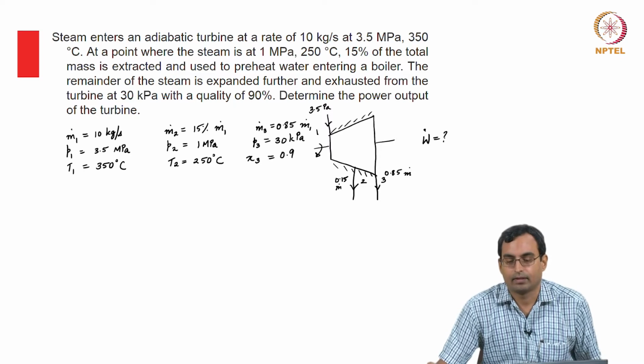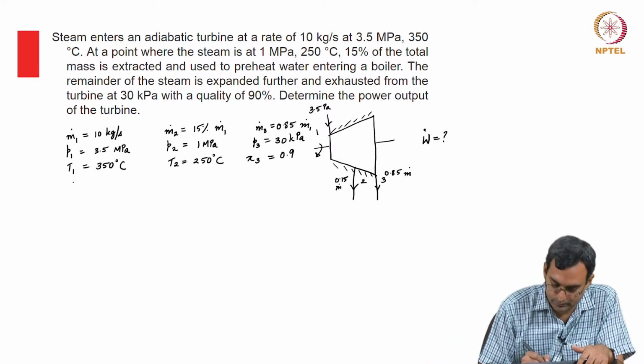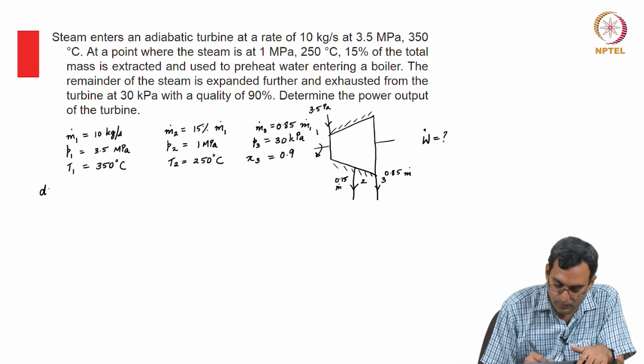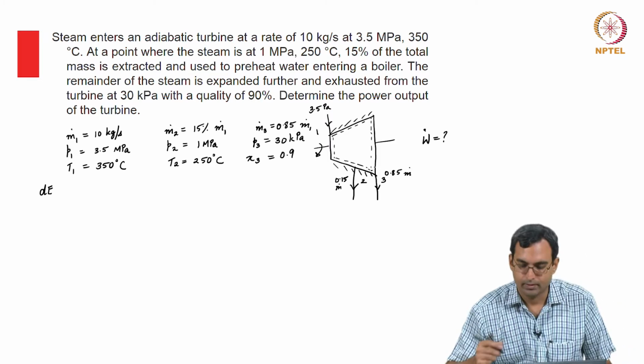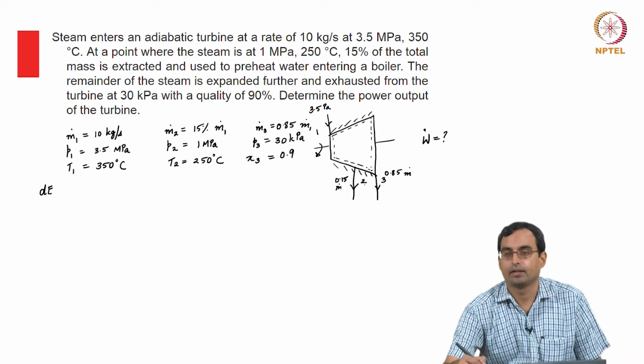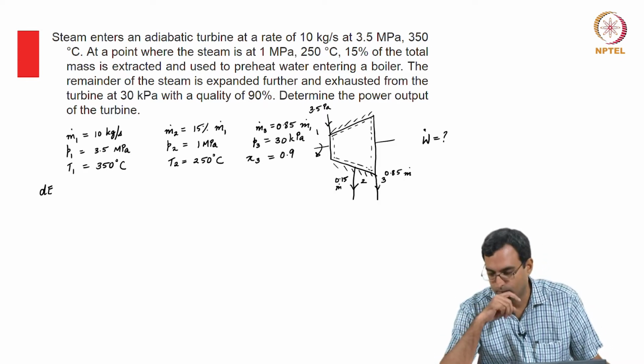We are going to write down the first law for a control volume. We are going to look at this as a control volume. Our control volume is essentially this. There is mass entering at 1 point and mass leaving at 2 points.